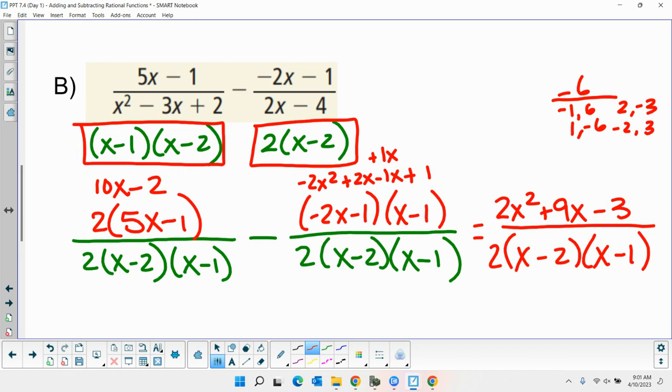Will any of those add up to 9? No, so we're done. We can't factor that numerator and try to simplify that. So that's adding and subtracting rational expressions, or we call them fractions. Okay? You need a common denominator.